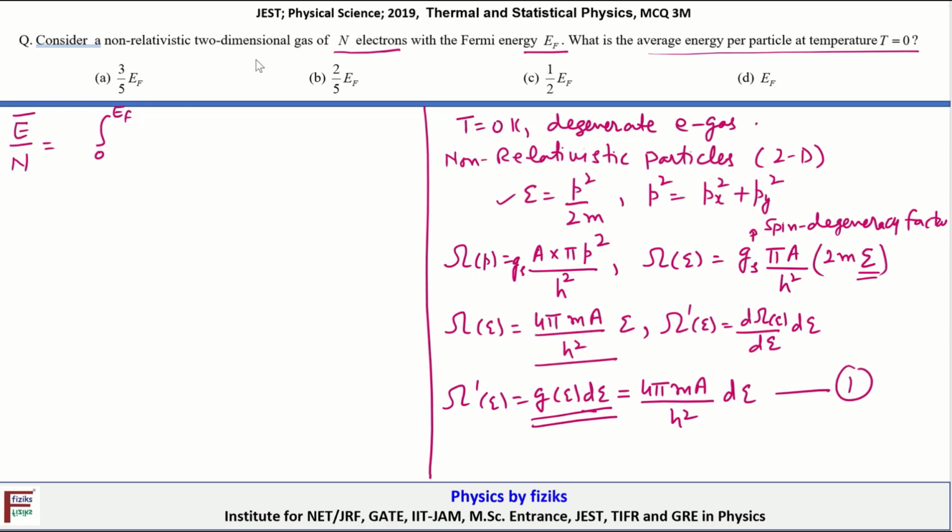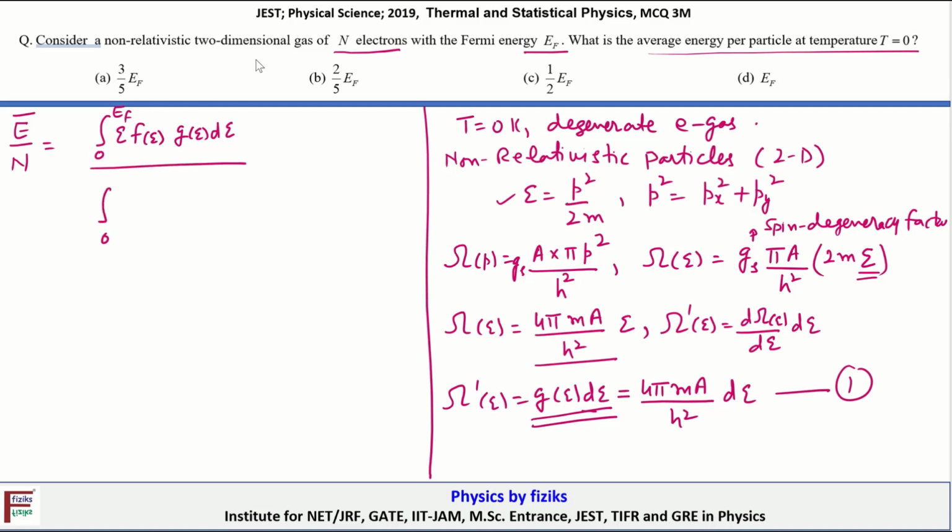So we make the calculation only up to the Fermi level. The integrand is the energy, multiplied by the Fermi-Dirac probability distribution function, because we are talking about fermions, and then the density of states G(E) dE, divided by the number of particles.